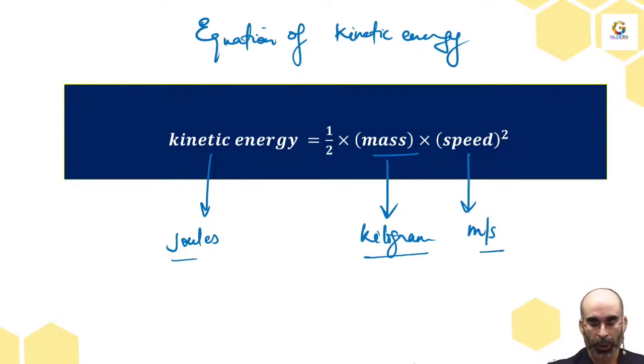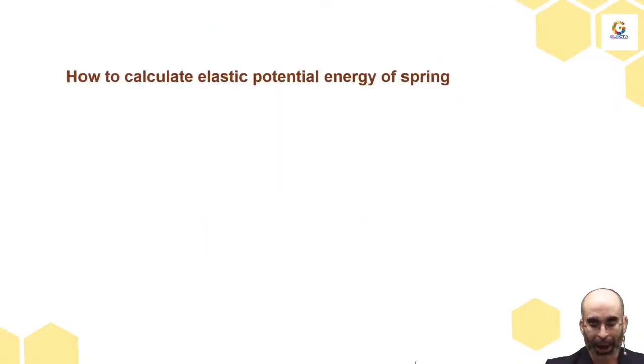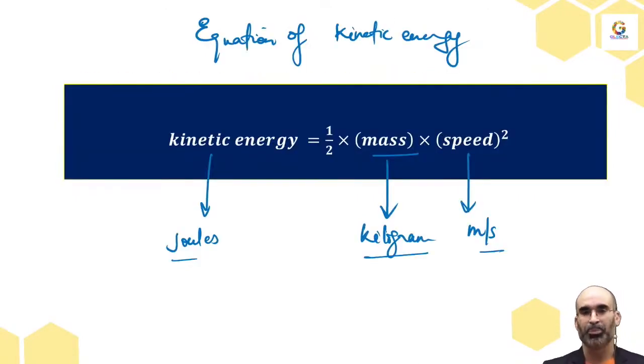Very good. Now let us move further. One more thing before I proceed, let me come back to the same slide. If you want to stop a moving car or something, you need to do work, you need to apply force, that braking force, right? That will stop the moving car or whatever object you have taken.